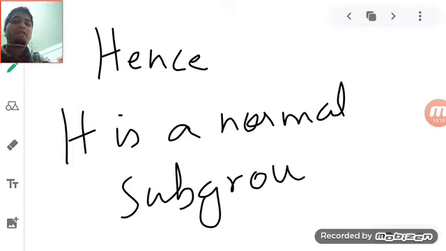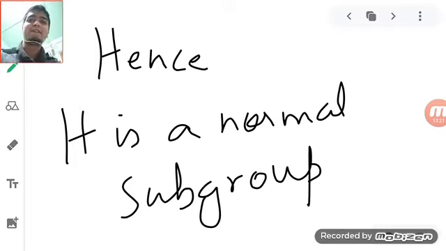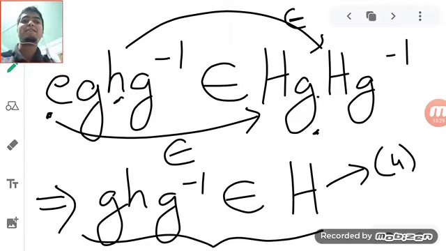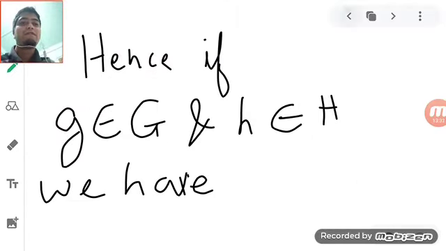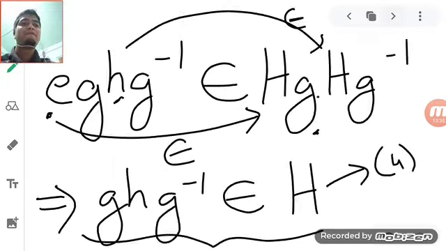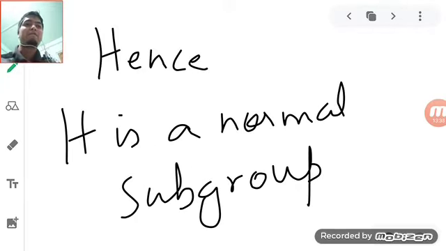It is a normal subgroup because it is already a subgroup, that is given in the statement of the theorem. And also we have this normal condition, g h g inverse belongs to H for g belongs to G and h belongs to H. Hence, H is a normal subgroup.